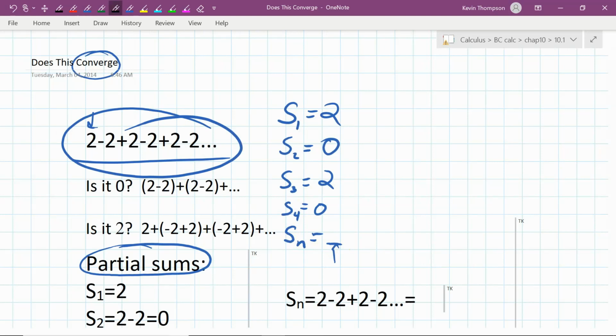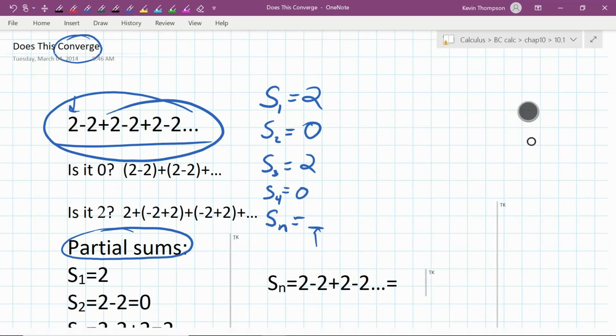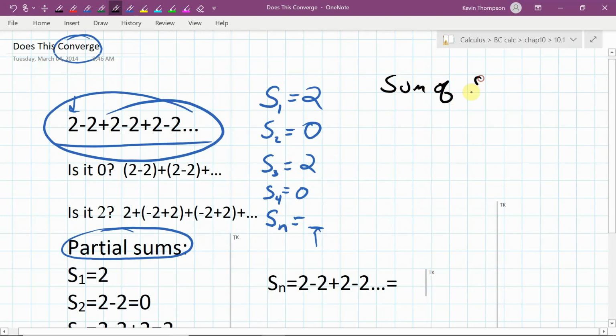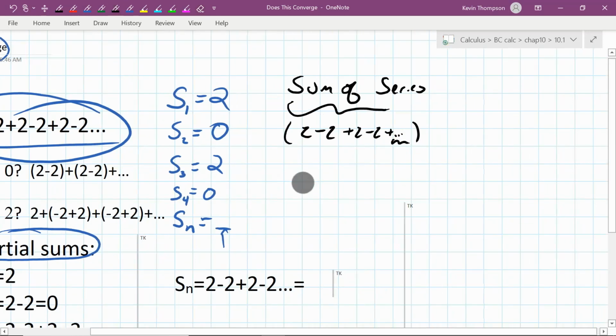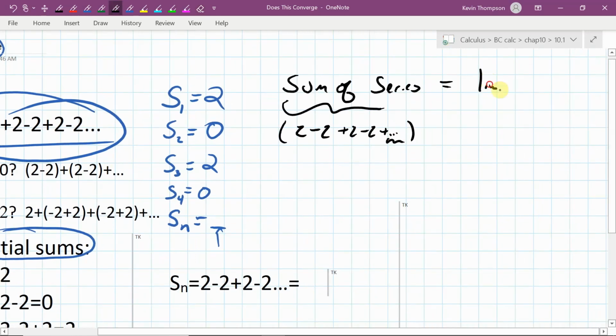But the sum of the series that I've started with, 2 minus 2 plus 2 minus 2 plus 2, dot, dot, dot, forever and ever, that answer must be this: the limit as n goes to infinity of s sub n.